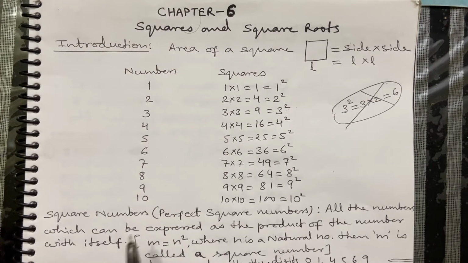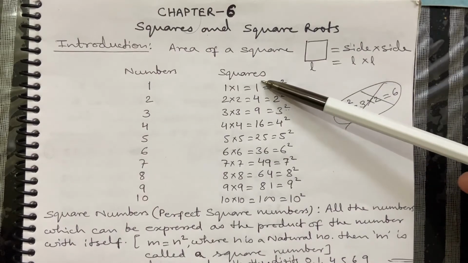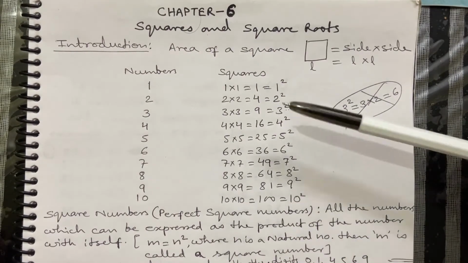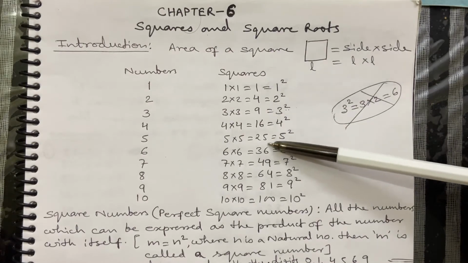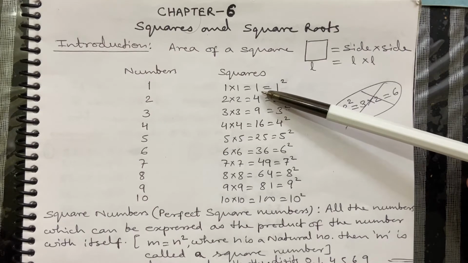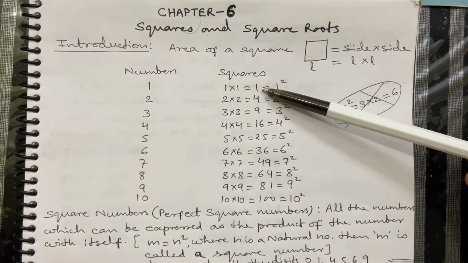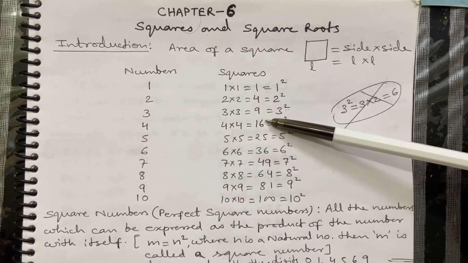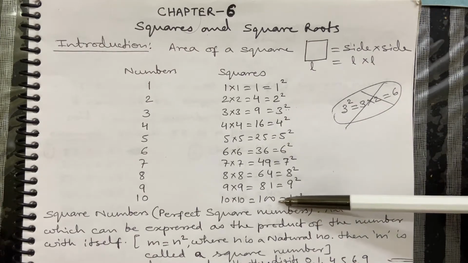So I have written the squares of 10 numbers. Now you have to observe some patterns, some properties. These are called square numbers or perfect square numbers. If we observe all these numbers carefully, what do we observe? That the last digit is either 1, 4, 9, 5, 6, and then again 0 also.